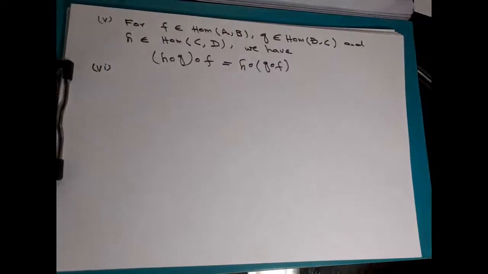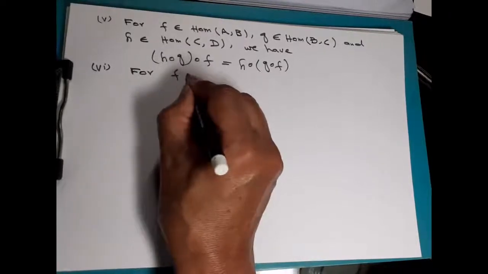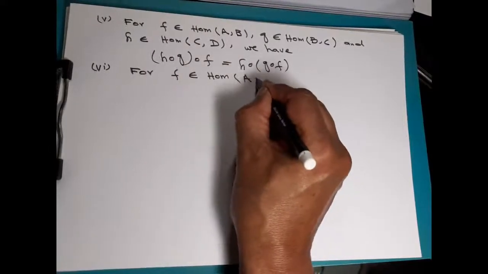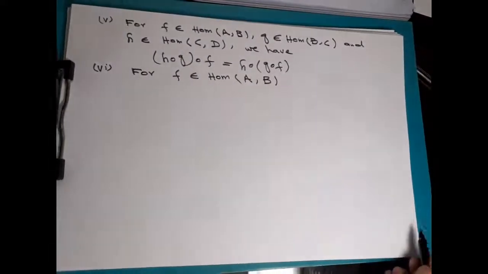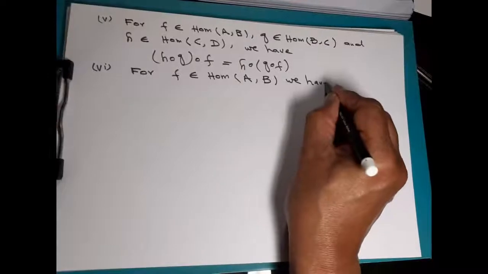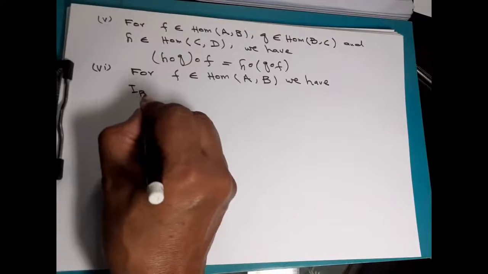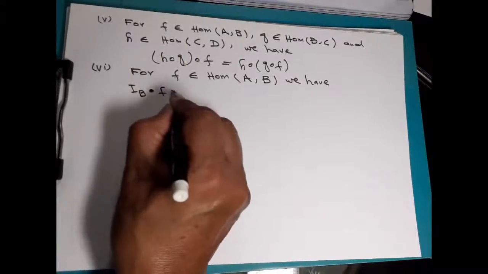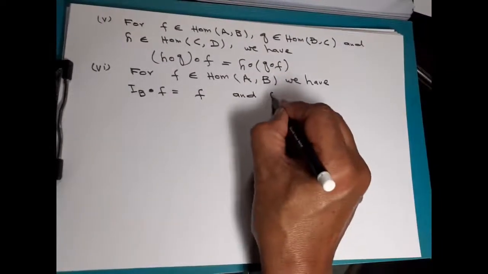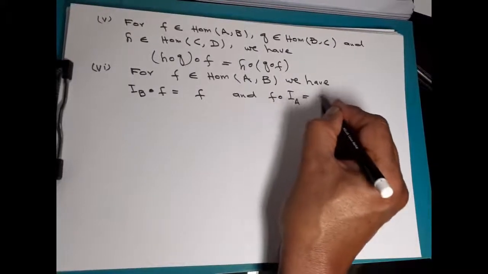And finally, if we take a function f belonging to Hom(A, B), which means that f is a function with domain A and codomain B, we have identity of B composed with f is equal to f, and f composed with identity of A is equal to f.